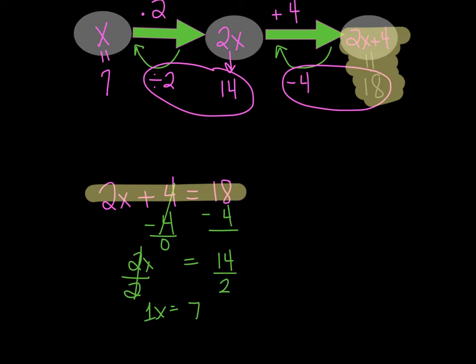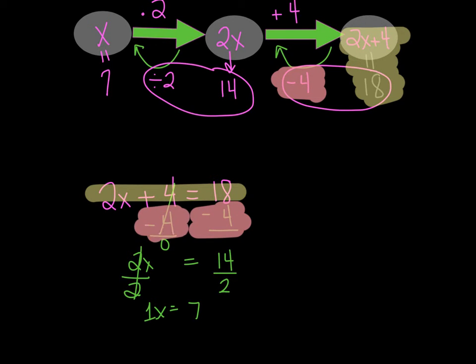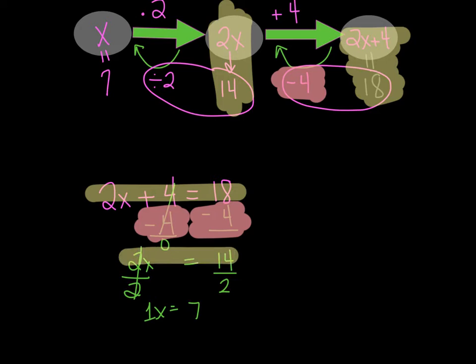Our action arrow then was subtract 4, backtracking, and so you'll notice that this subtract 4 is also found down here in this subtract 4. So my next bubble is 2x is equal to 14, and in this part of my equation 2x is equal to 14.